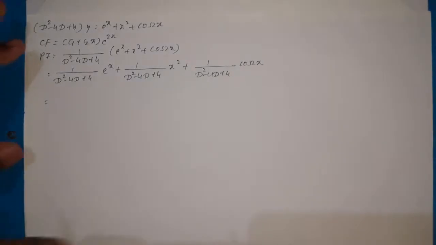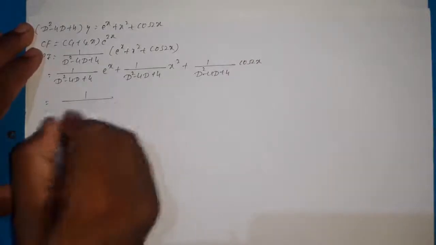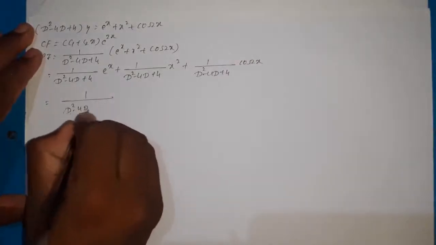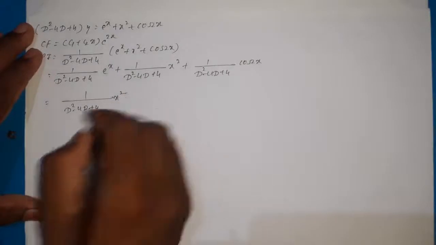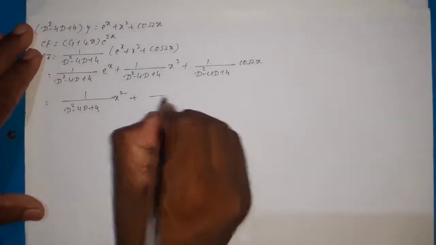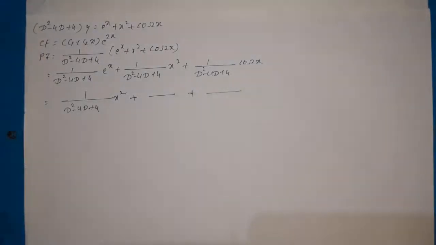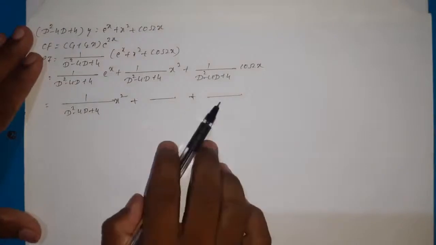So therefore this is equal to, I am considering only x square, so 1 divided by D square minus 4D plus 4 of x square, plus the next one, cos 2x. So you have to solve these two.